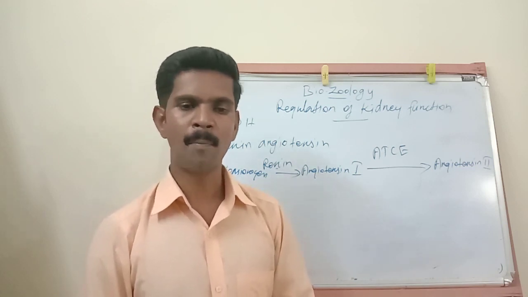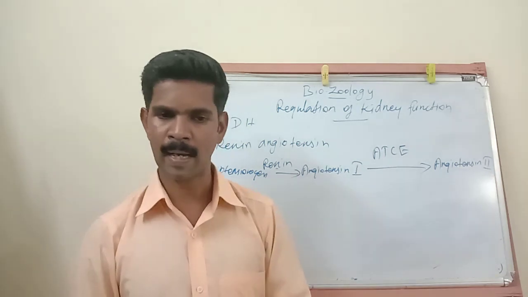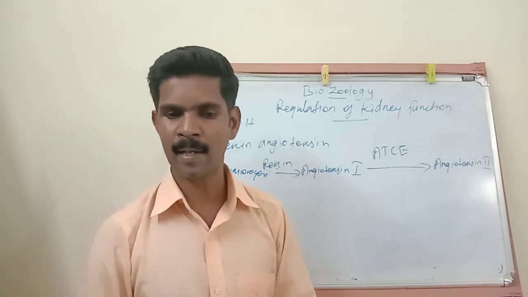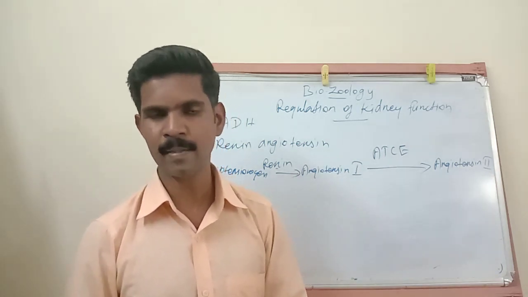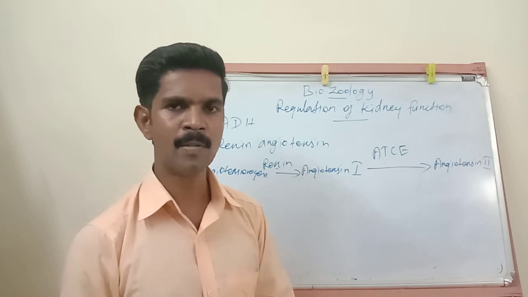Understand? So this complex mechanism is called the renin-angiotensin aldosterone system.